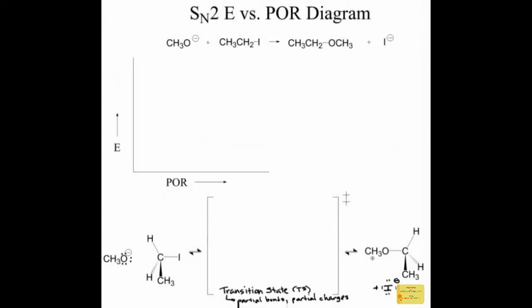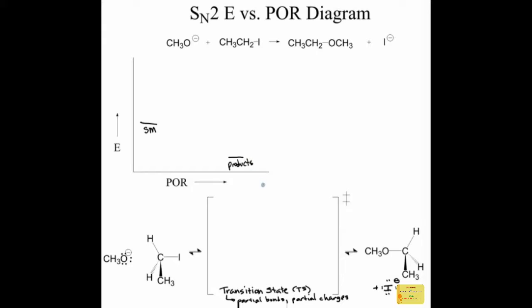How about an energy versus reaction progress diagram for an SN2 reaction? What would that look like? Let's come back to our example of this substitution reaction. It's just a one-step mechanism, so it starts at our starting materials, which we can put at some energy level. Then when we draw the energy level of our products, typically they're going to be lower in energy.